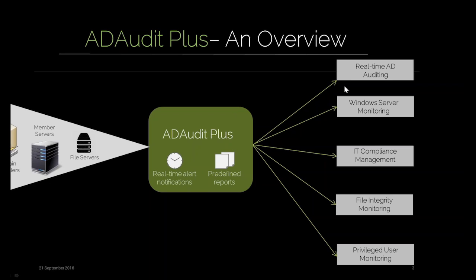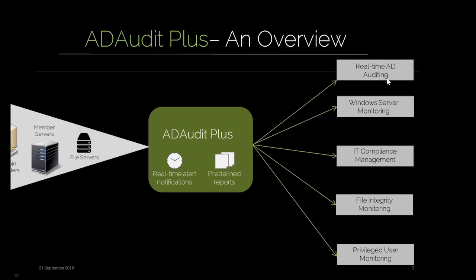These are all the reports that I've been talking about. We have real-time Active Directory auditing. If anything goes wrong on the AD, the tool will immediately fetch the data and show you a report. And of course, we do have alerts. You can configure your own alerts in ADAudit Plus based on your requirement.